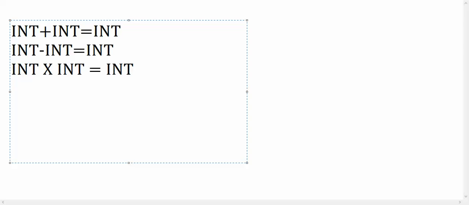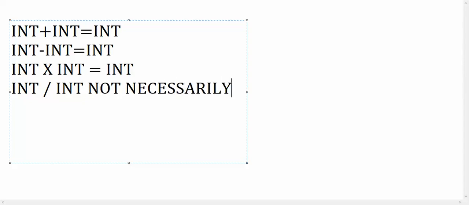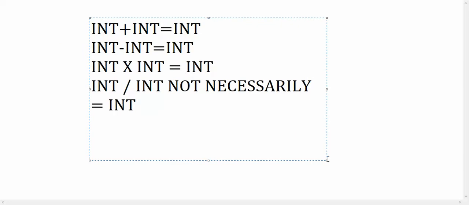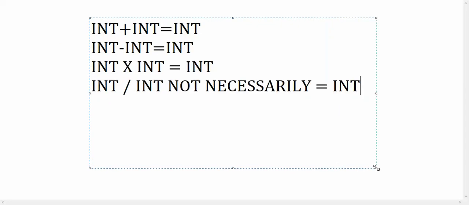The only time this doesn't hold true is that an integer divided by an integer doesn't always equal an integer. Okay, so those are our basic integer rules to remember.